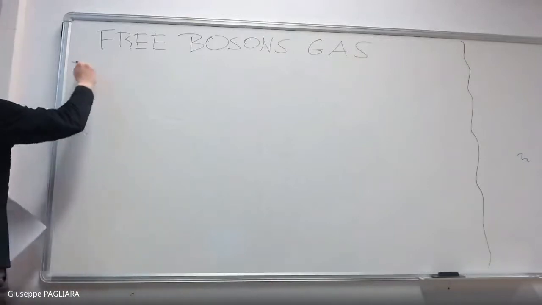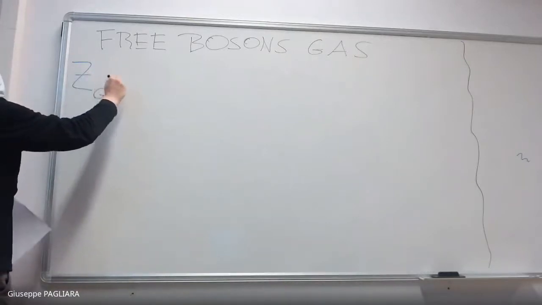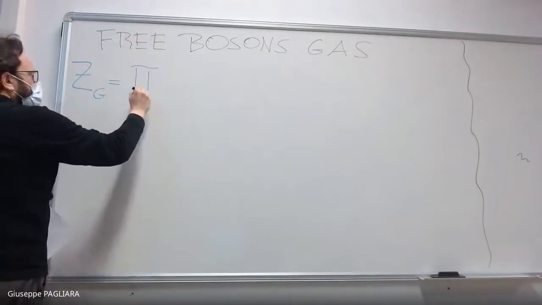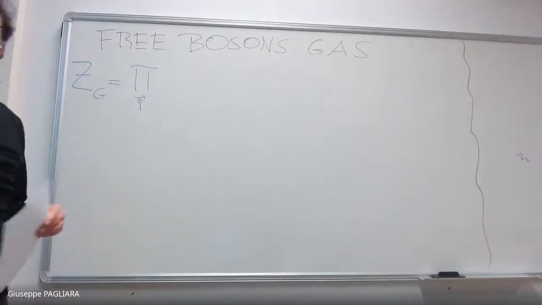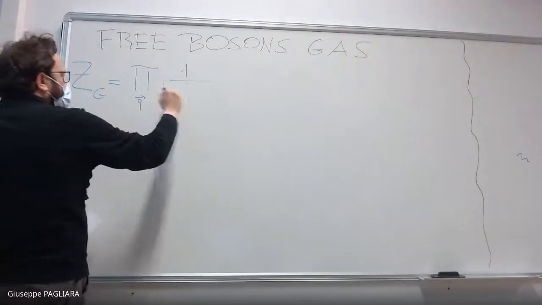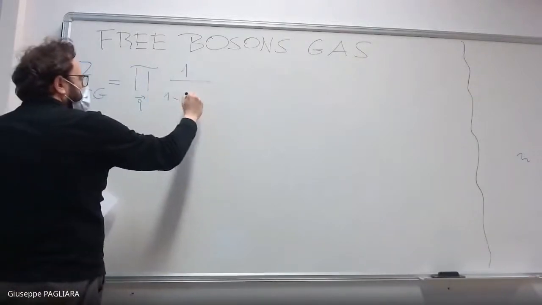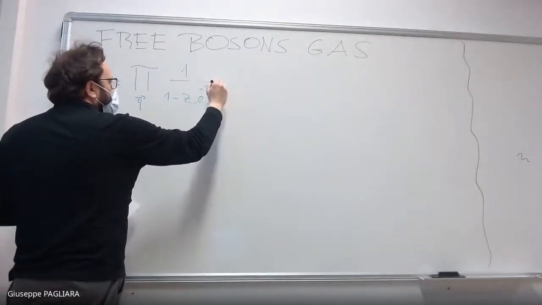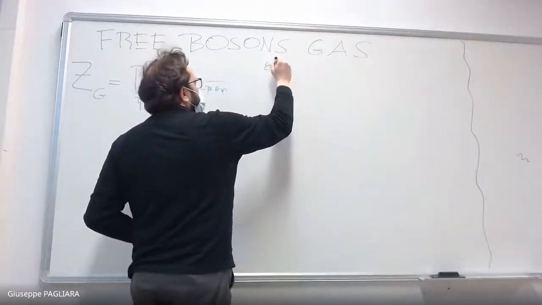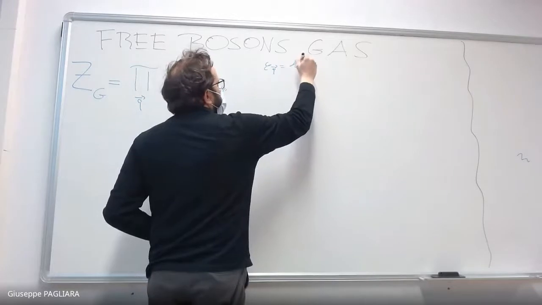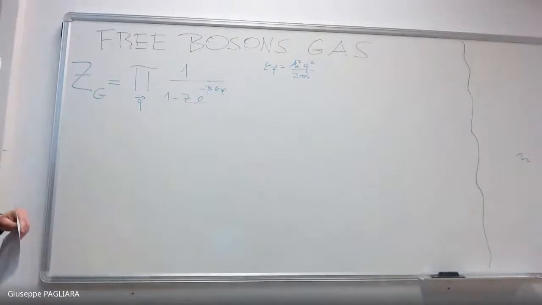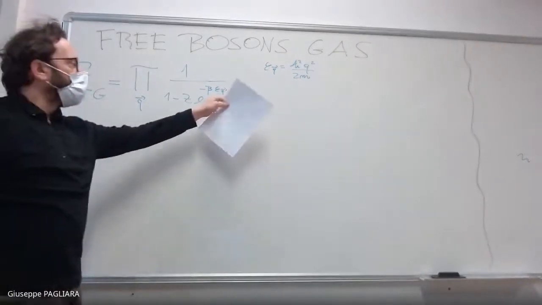And we derived that the Grand Canonical partition function can be written for bosons as a product over q, where q is the momentum of the particle, of 1 divided by 1 minus fugacity times e to the minus beta epsilon q, where epsilon q is h squared q squared divided by 2m, and is the kinetic energy of a particle having a wave number q.